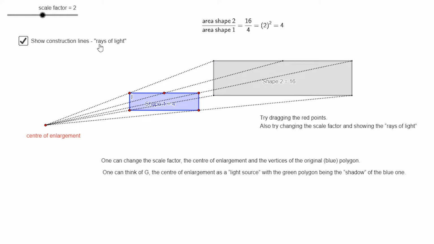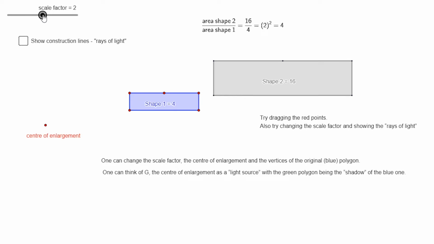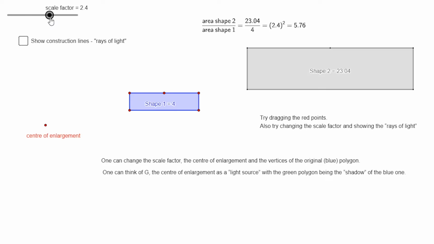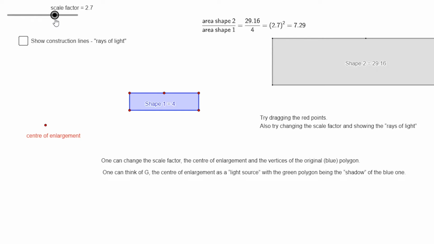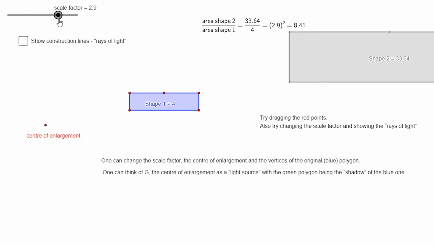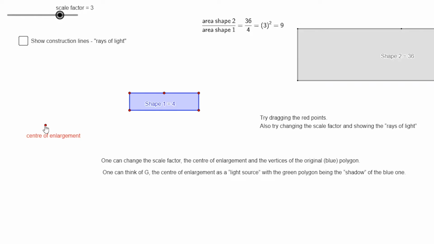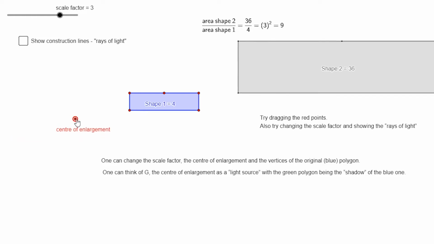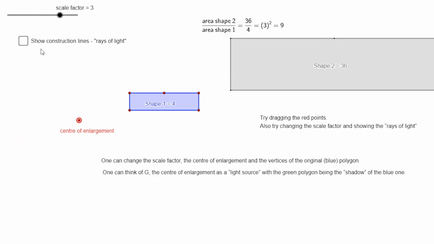Okay, right. If we change the scale factor to 3, you'll notice that the area actually goes out to 9 times as big. Okay, the rectangle's actually fallen off there. If I change the center of enlargement, we can see what's happening there. So if the sides are in the ratio 1:3, the areas will be in the ratio 1:3 squared.